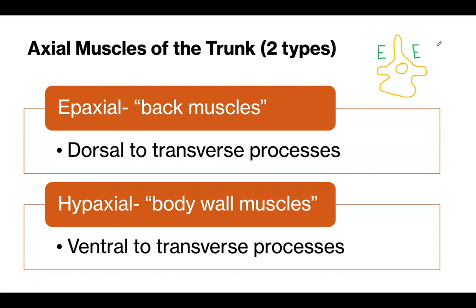So they will be more so along these directions. So they'll maybe have attachment points to the transverse or maybe the spinous processes, whereas the hypaxial will be ventral or anterior to the transverse processes. So it'll look more like on that side, on the anterior side, closer to the body of the vertebrae.